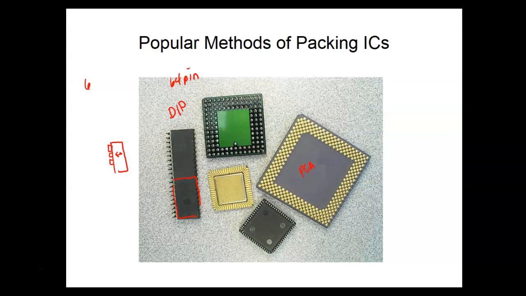That thing was about that big. And some people finally got smart and said, well, we're wasting sides, right? So they decided to turn them into squares and put the pins on all 4 sides. And then they said, well, we're still wasting a lot of space. So then they decided to bring the pins out of the bottom. And so this is what we're doing now.